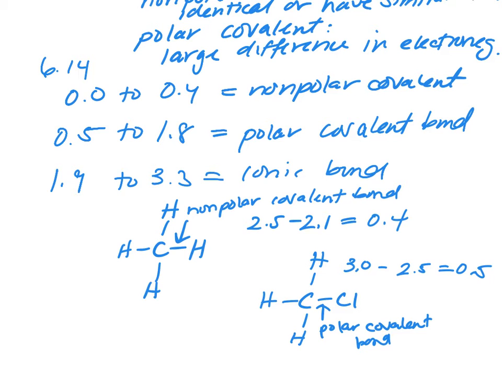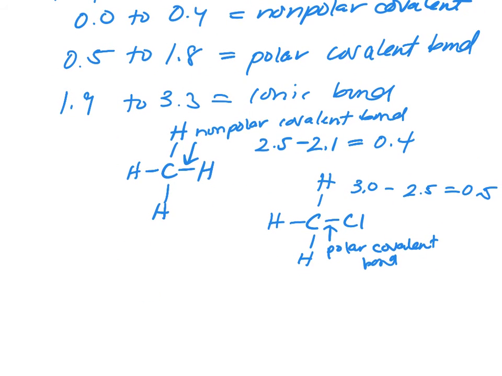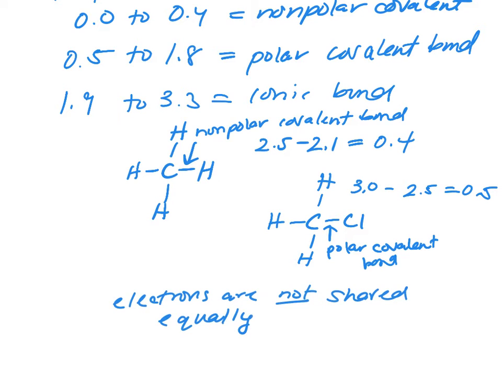When you have a polar covalent bond, this means that the electrons are not shared equally. They are going to reside closer to one atom of that bond.